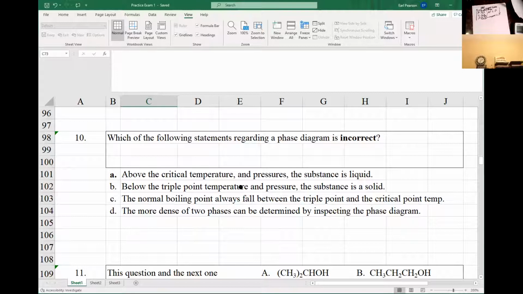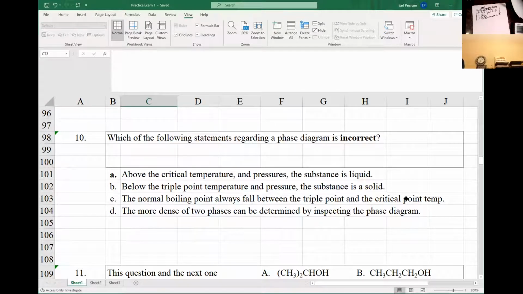Certainly not the liquid region. So this is a solid. That would make sense. The normal boiling point always falls between the triple point and the critical point temperature. So the boiling point temperature falls between the triple point and the critical point.